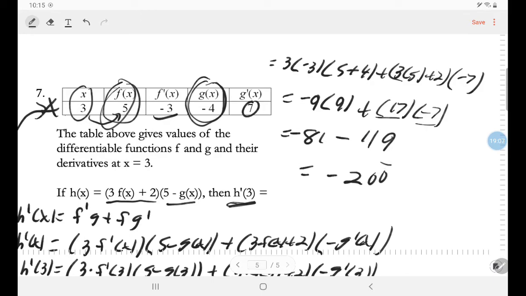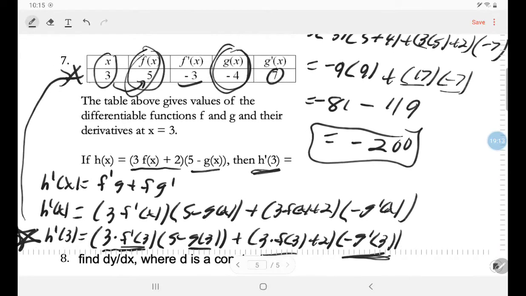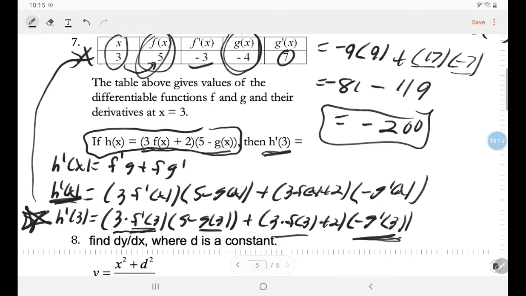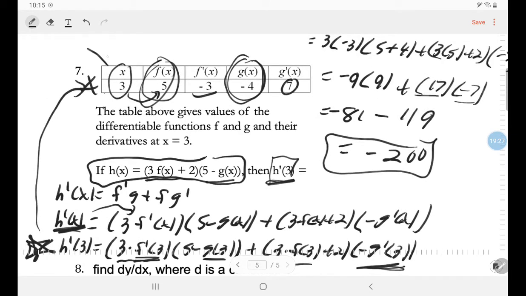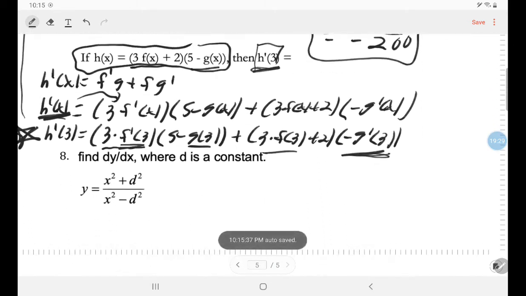Answer being negative 200. So, again, the lesson learned: when I have a table, look at the function you have. First, find the derivative function in terms of x. Then you can worry about plugging in your numerical value and going to the table.